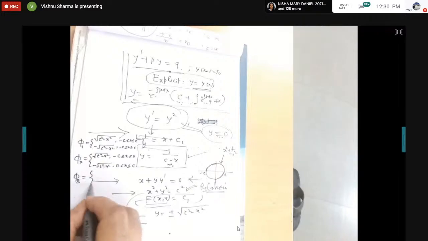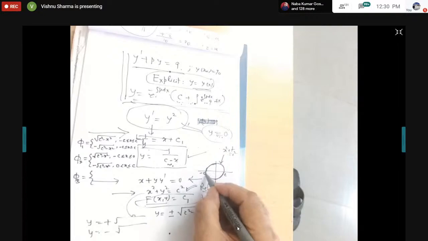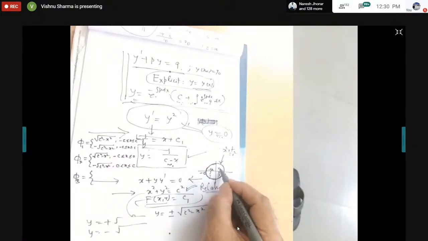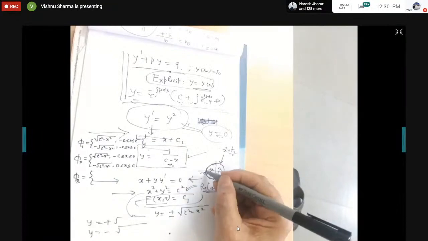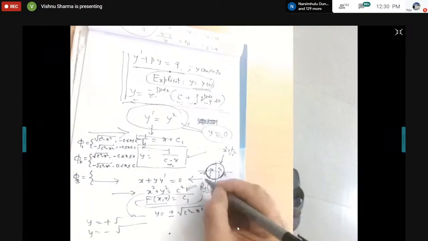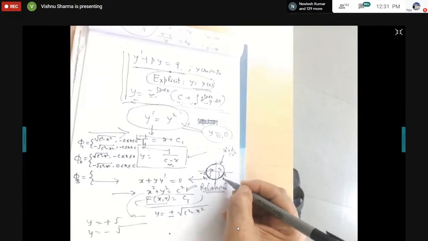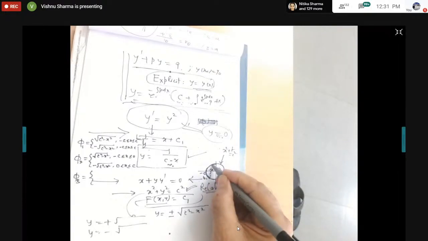I can write in this way, say on this interval it is minus c by 2, this is your c by 2. I take this branch, let me say this is b1, this branch is b2, and this branch is b3.